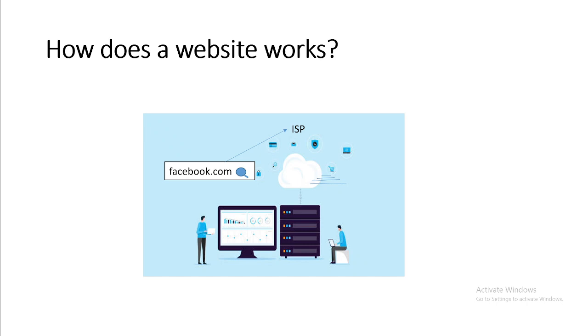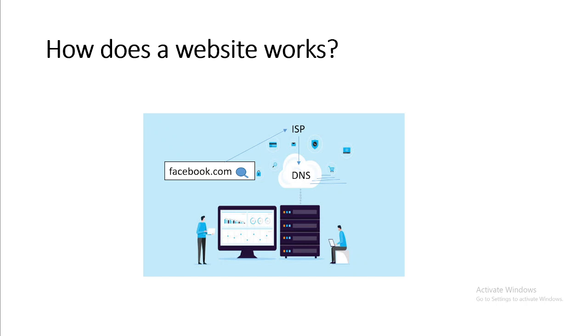So when you request, for example, facebook.com from your browser, the first thing it does is that it goes through the ISP, your internet service provider, provided you are browsing through an ISP. Then the ISP searches the DNS.